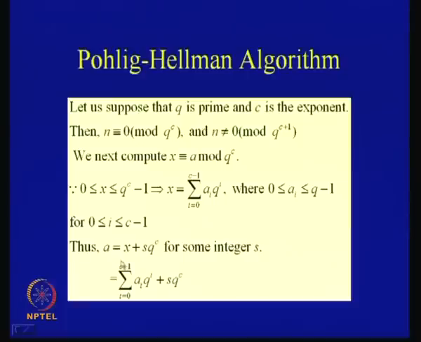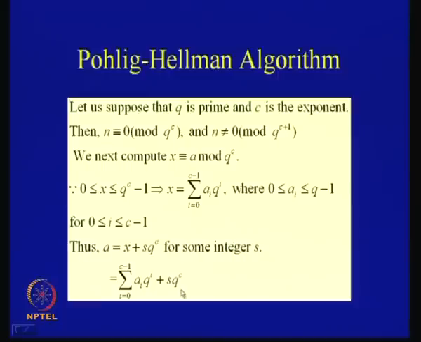Now in that case, you know that q power of c divides x minus a, or a minus x. So that means a is equal to x plus some integer multiplied by q power of c. That is, x is this series plus s multiplied with this q power of c.